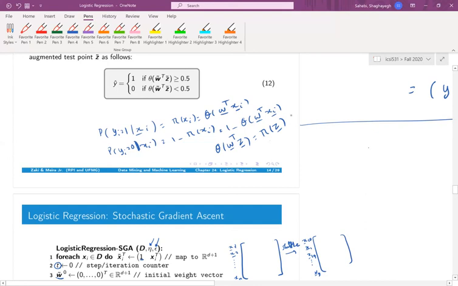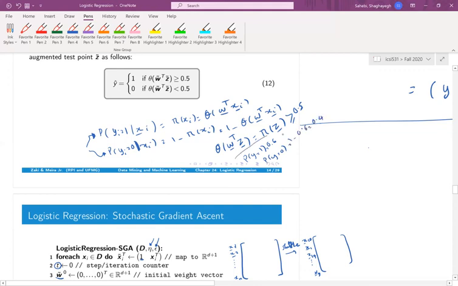And I can basically look at the value of pi for z. If this value is larger than or equal to 0.5, equal is just a convention, then it means that the probability for y being equal to 1 is more than the probability of y being equal to 0, right? Because if, for example, pi of z is 0.6, that is the probability of y being equal to 1, and the probability of y being equal to 0 is going to be 1 minus 0.6, which is 0.4.